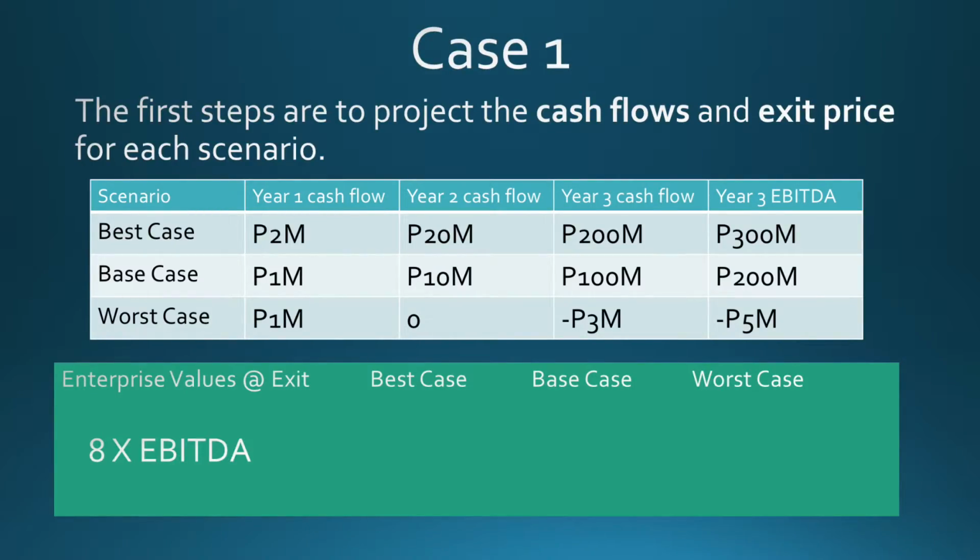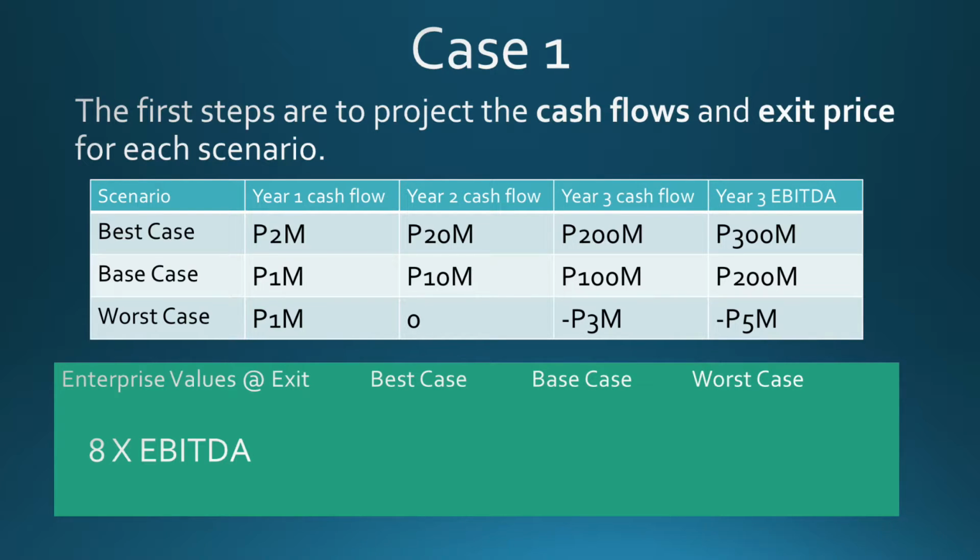Since the cash flows are already given, we are now going to apply the multiple in order to arrive at the possible exit price by the end of year 3 under each scenario. The enterprise value is expected to be 8 times the EBITDA.